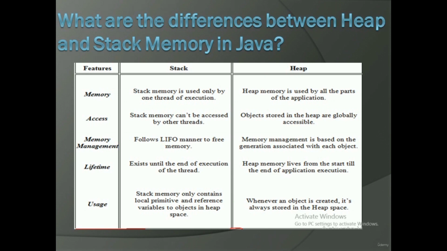Its usage: stack memory only contains local primitive and reference values to objects in heap space. In heap, whenever an object is created, it's always stored in the heap space. Let's see another question.